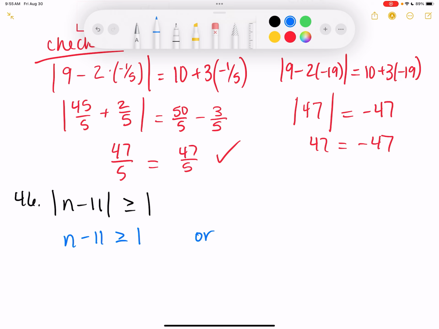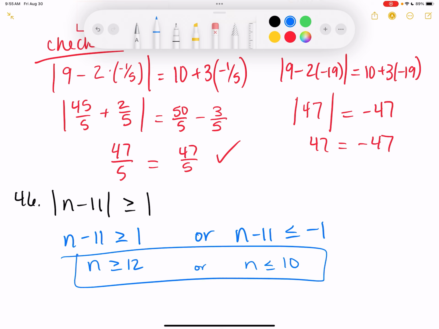But what else might also have to happen? You have to flip the inequality. So this is going to be n minus 11 is less than or equal to negative 1. So I get n is greater than or equal to 12, or n is less than or equal to 10.